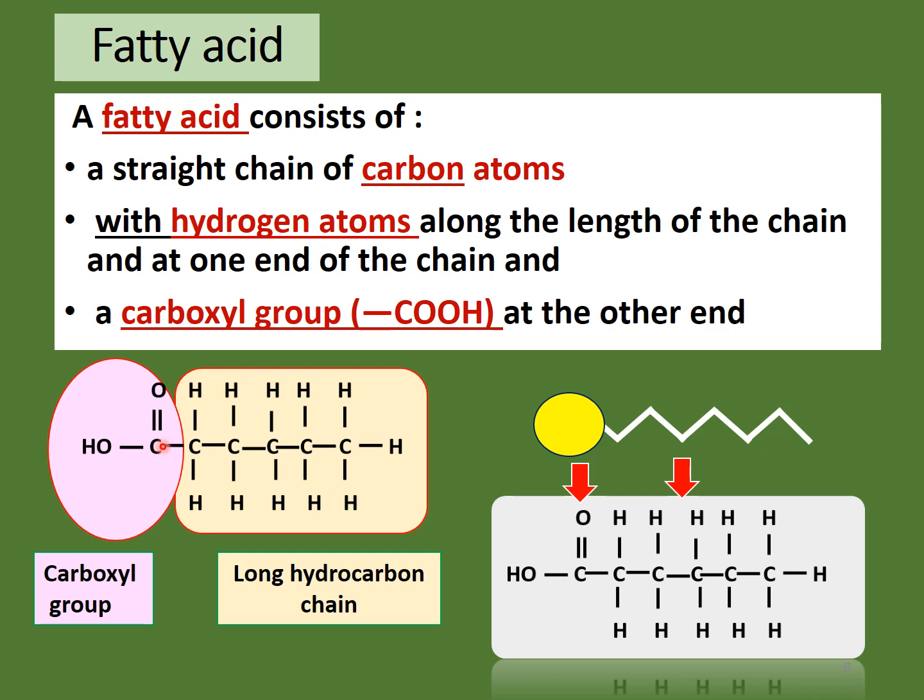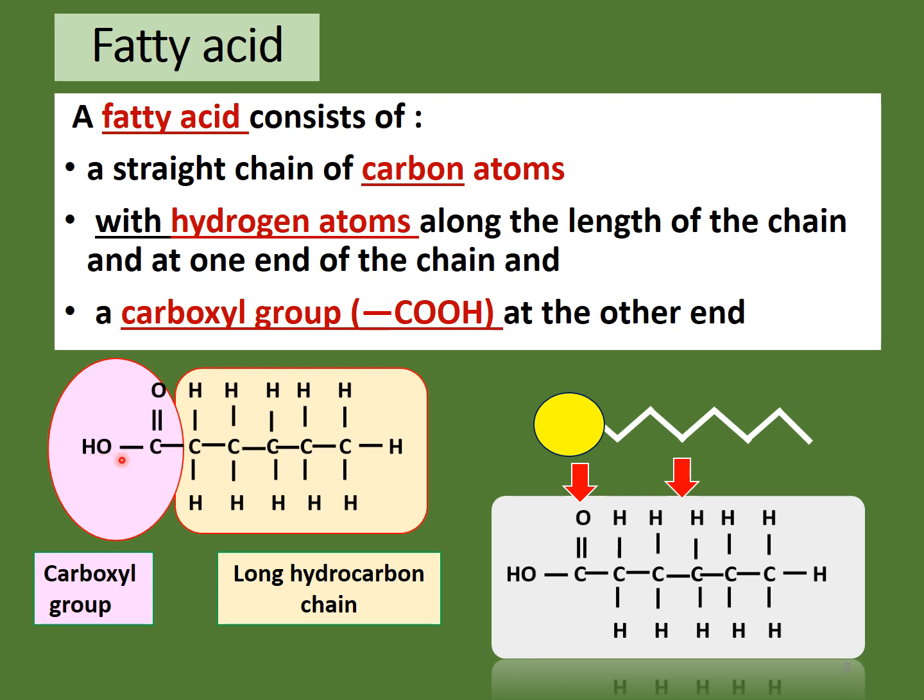It's the carboxyl group. The carboxyl group consists of a carbon atom which forms a double bond with an oxygen atom here and forms a single bond with a hydroxyl group.